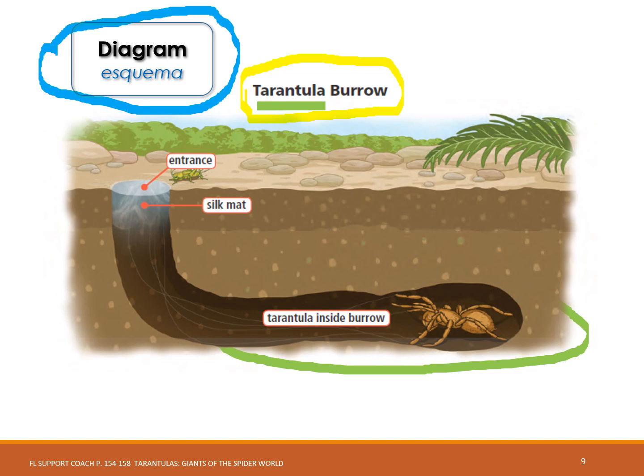But I know that these little threads connect to the spider. So I wonder if it's made out of the same thing as a spider's web. And maybe the spider or the tarantula made that silk mat. Reading more will help me, but I know it's a place that the tarantula can go underground. Interesting.